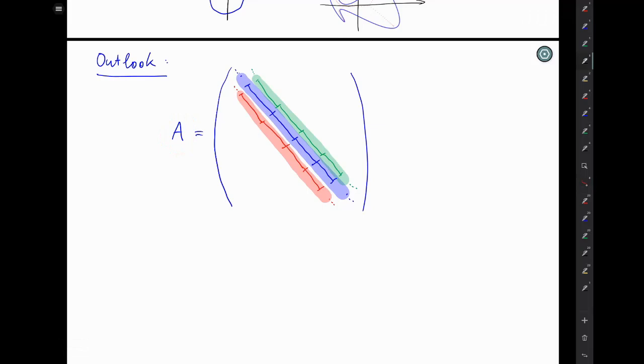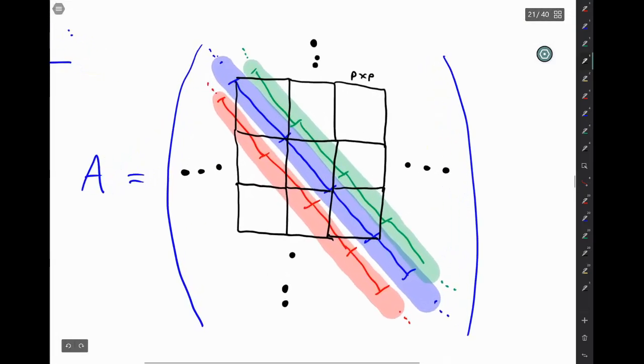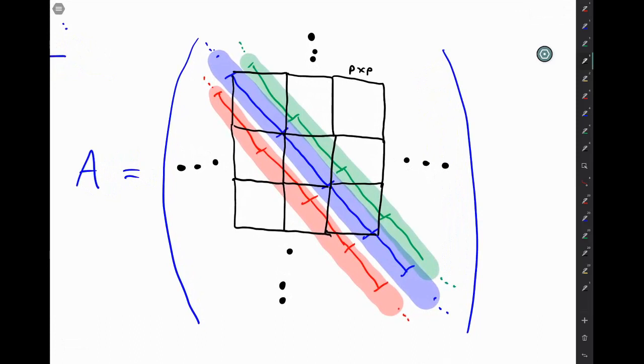The idea is to cut your bi-infinite matrix A in blocks, where the block size is equal to that period. So if you call the period little p, then these will all be p by p submatrices. And now on this block level, let's look a bit closer maybe. A has again constant diagonals.